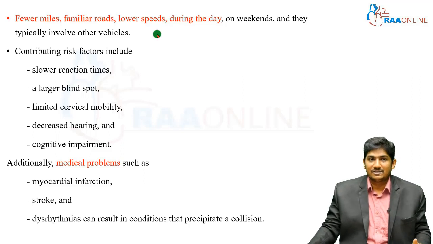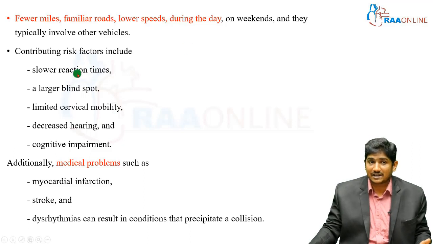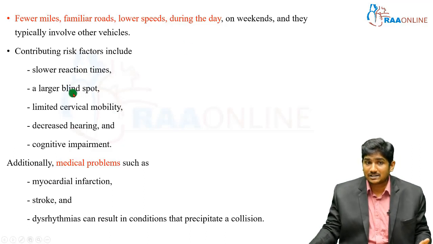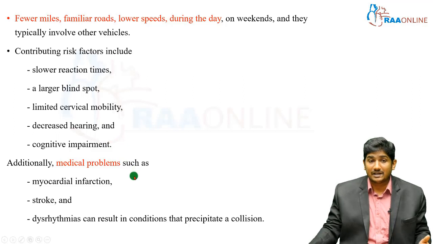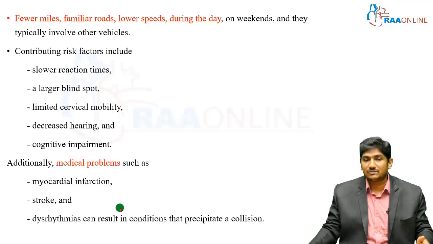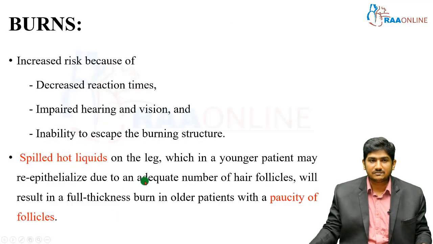But if a new vehicle suddenly crosses them, the reflex mechanism is very slow. That's the slower reaction time. They have a larger blind spot, limited cervical mobility to look in all directions, decreased hearing for any horn sound, and cognitive impairment. Additionally, medical problems such as myocardial infarction, stroke, and dysrhythmias can happen during driving, and this can end up in a collision.